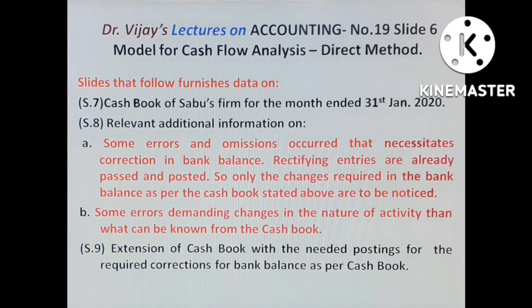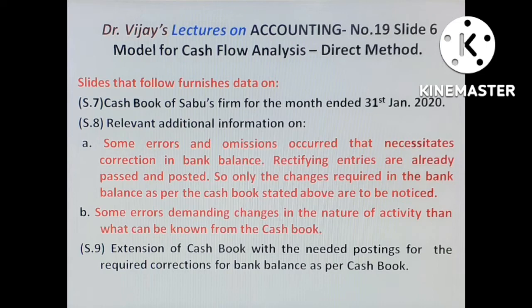The three slides that follow give the information needed for doing the cash flow statement of Sabu's firm for the month ending 31st January 2020. Slide 7 shows the cash book of Sabu's firm for the month. Slide 8 gives some relevant additional information on two things. A. Some errors and omissions occurred that necessitate correction in the bank balance.